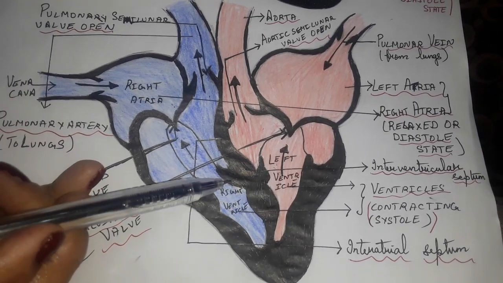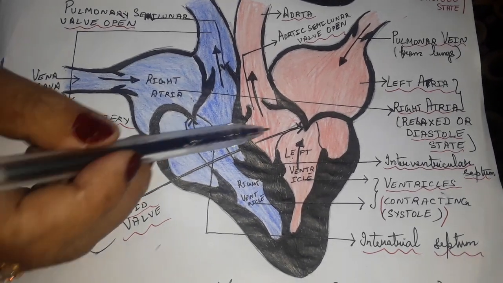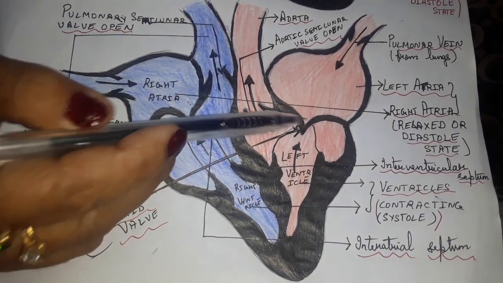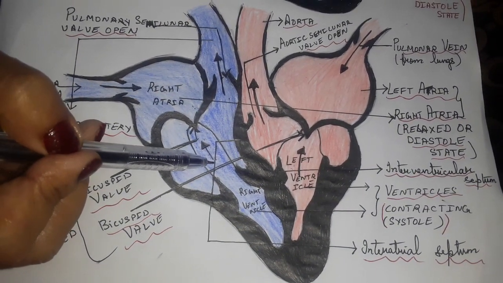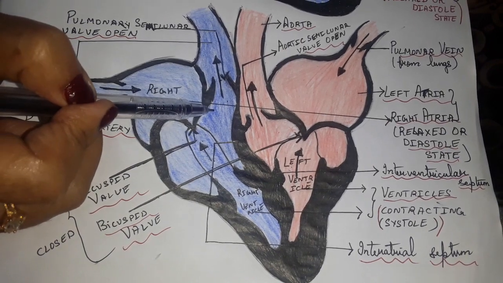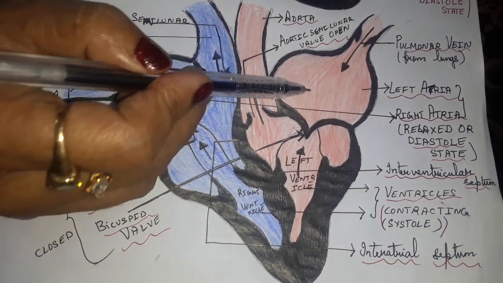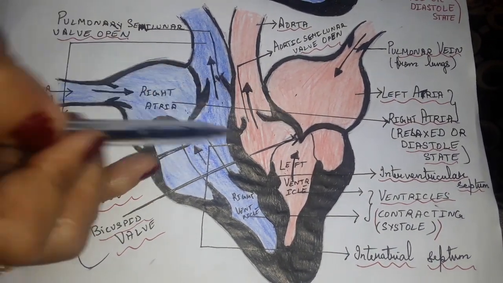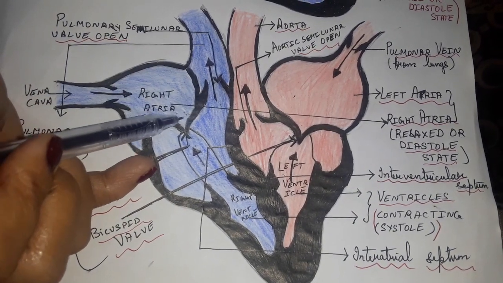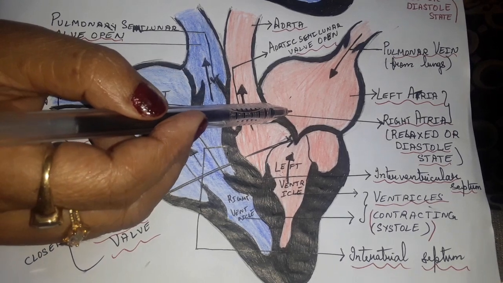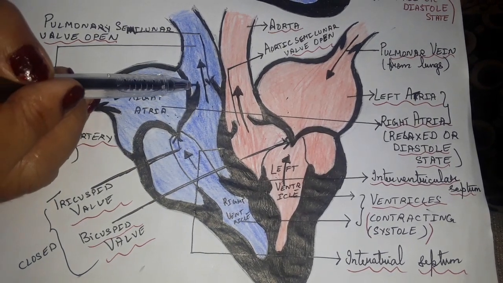So during ventricular systole, the tricuspid valves and the bicuspid valves close. Why? To prevent the backflow of blood from the ventricles to the auricles. So that is the purpose of this closure of the valves, tricuspid and bicuspid. What happens in this case?